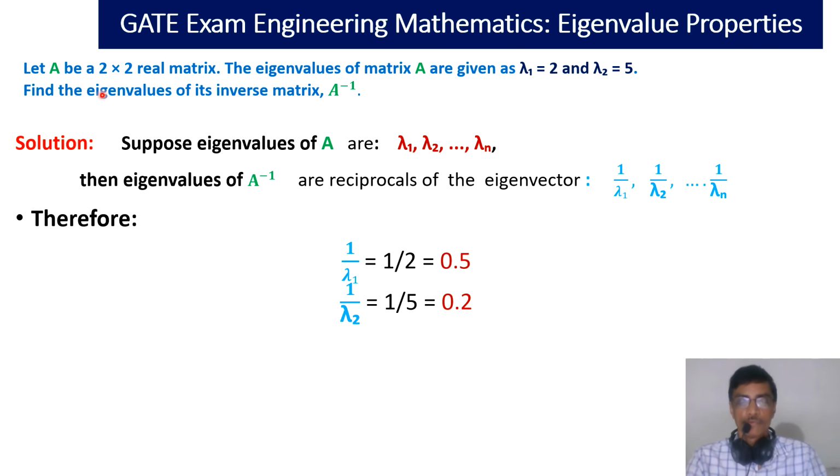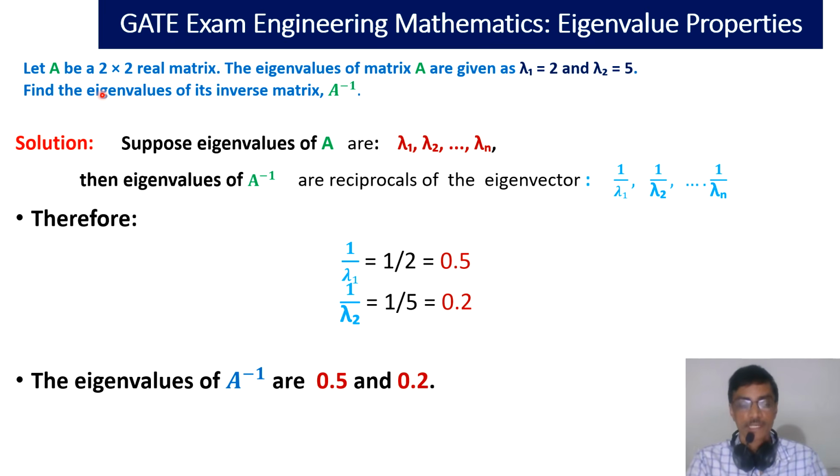Therefore, 1 by lambda 1 is 1 by 2, as lambda 1 equals 2, which is equal to 0.5, and 1 by lambda 2 is 1 by 5, which equals 0.2. Hence, the eigenvalues of A inverse are 0.5 and 0.2. So we do not need to find A inverse separately in this problem. Thus, for inverse matrices, the eigenvalues become reciprocals. In the next slide, let us quickly revise the important points.